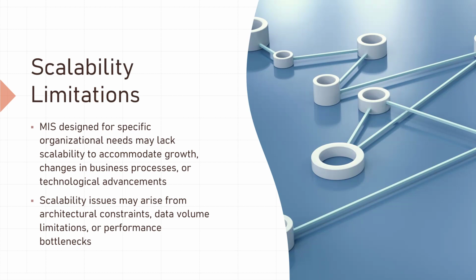And then when you're talking about hardware, another issue is hardware and infrastructure constraints. Many legacy MIS rely on maybe outdated servers or what we call an on-prem setup. On-prem means that you're setting up the server in your location, on your premises. Some people also prefer to set it up in the cloud.